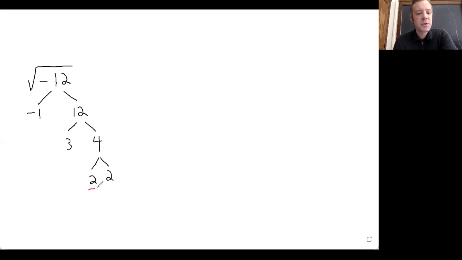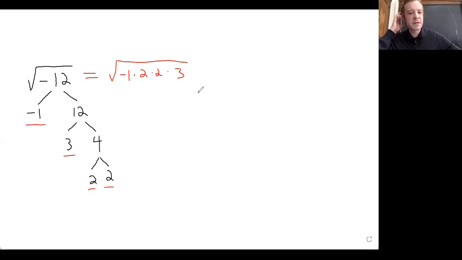I see that my 2s are prime, my 3 is prime, and then this negative 1 we're also going to include with things. So I have negative 1 times 2 times 2 times 3. And as I said, not everyone may be dealing with this negative number here. This may be something that's a little bit extra for some of you.